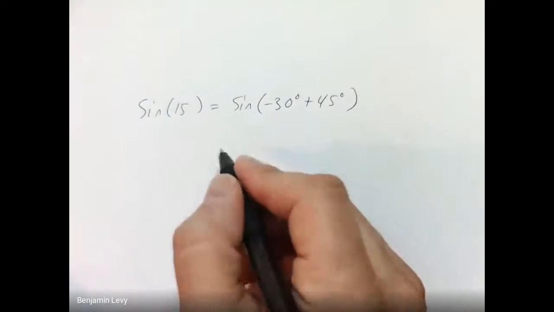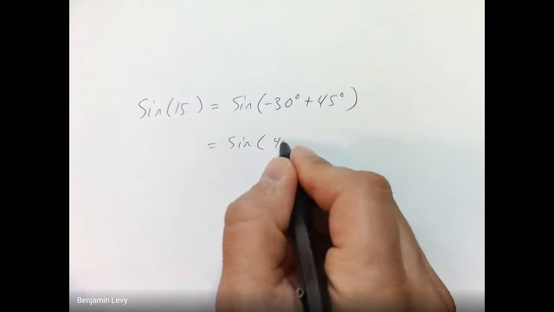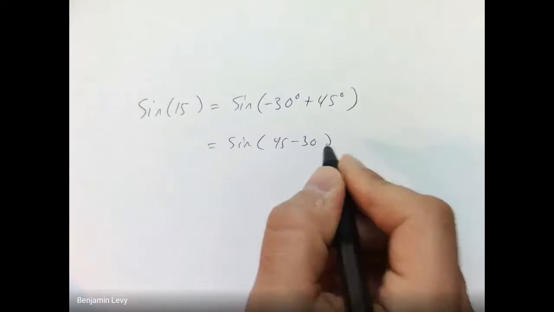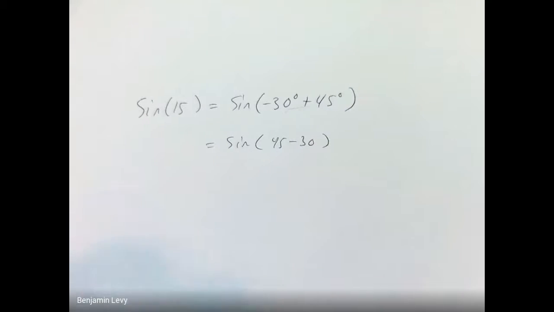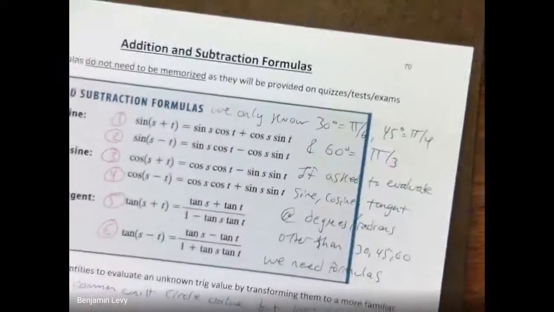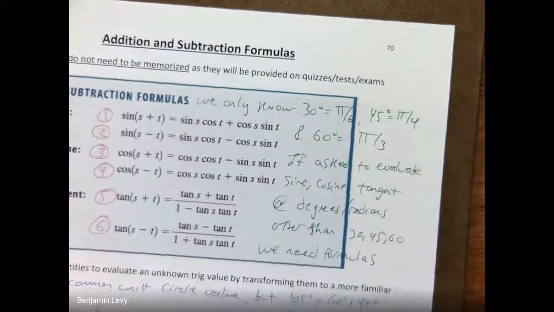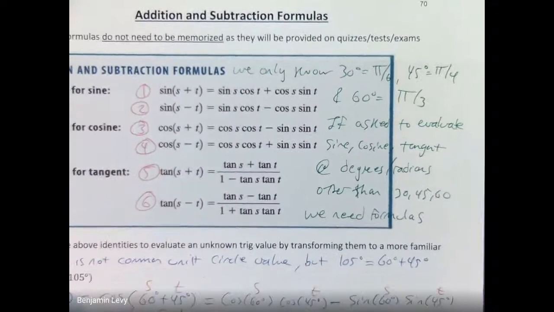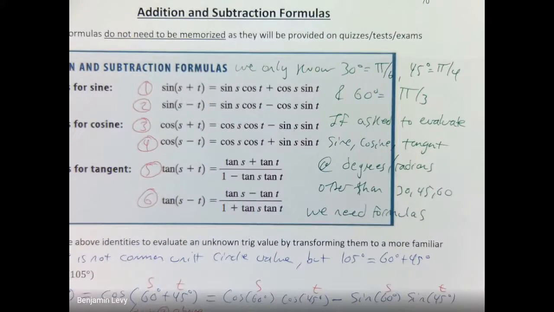But then notice this is also the same thing as 45 minus 30. You just switch those two things. As long as you're using the formulas correctly, there's lots of different ways to do it, I guess, is the way to think about it. But just make sure you're using things we know on the unit circle. So 30, 60, 45.